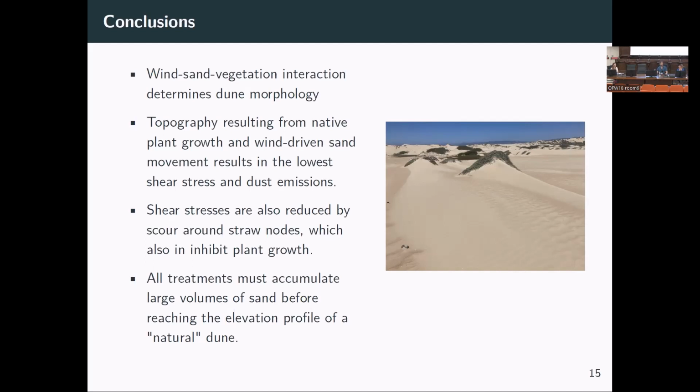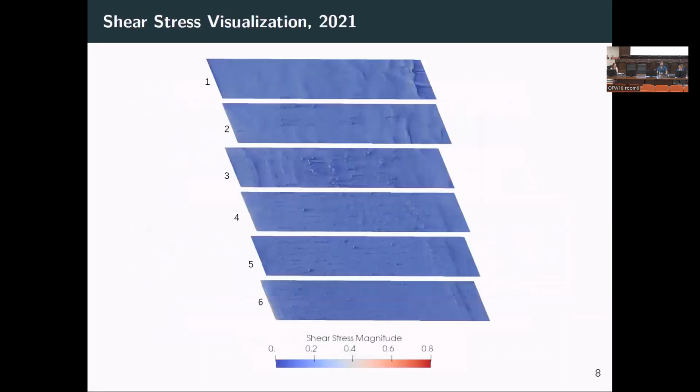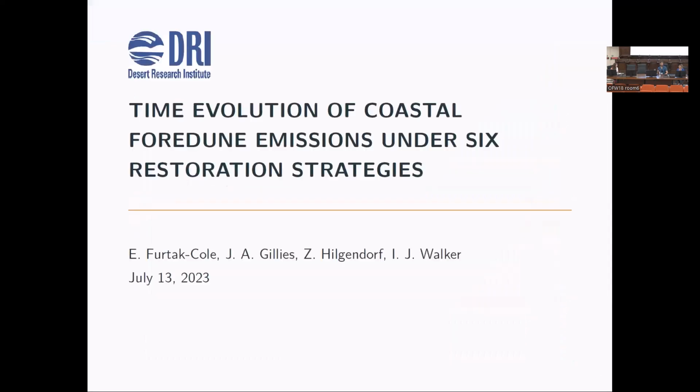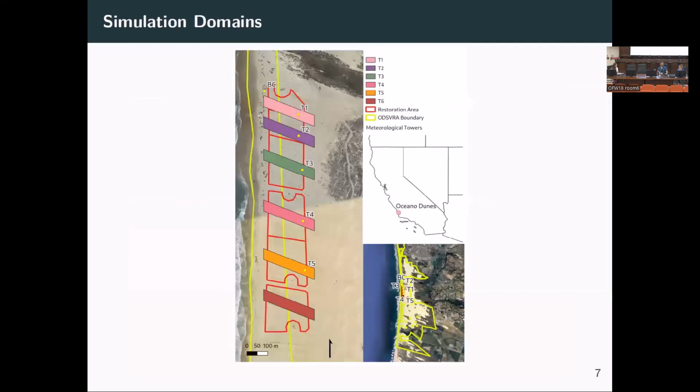Actually, I didn't present any validation, but yes, the measurements were used here for the inlet boundary condition, and then in some previous work we did do some wind speed ratio validation. Unfortunately, we only have 2 towers, so you can see these locations.